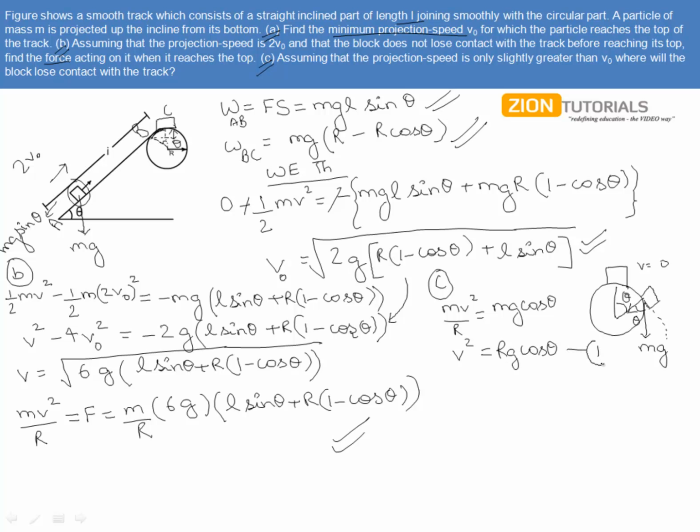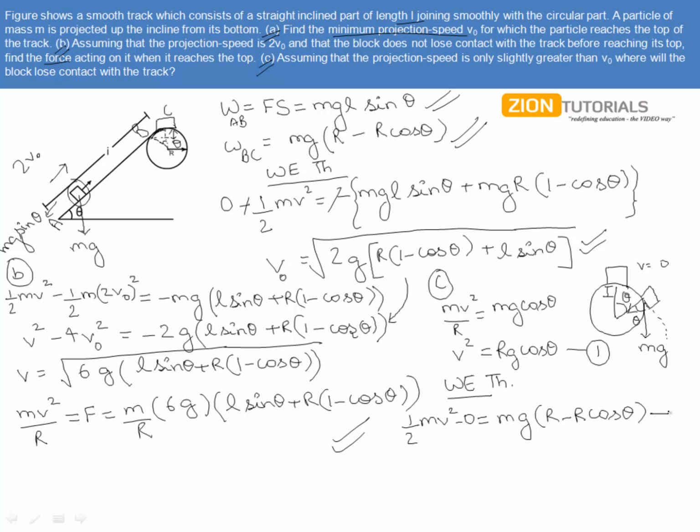Marking it as equation number 1, let us frame another equation by the work energy theorem, in which we apply the change in the kinetic energy, which will be half mv square minus 0 equal to the total work done. Now the work done by the gravitational pull will be positive because it is in the direction of the force, which will be mg into r minus r cos theta, which is the change in the height, that is this one.